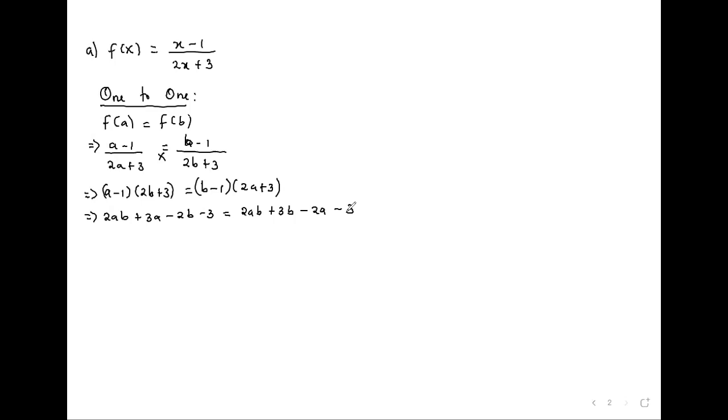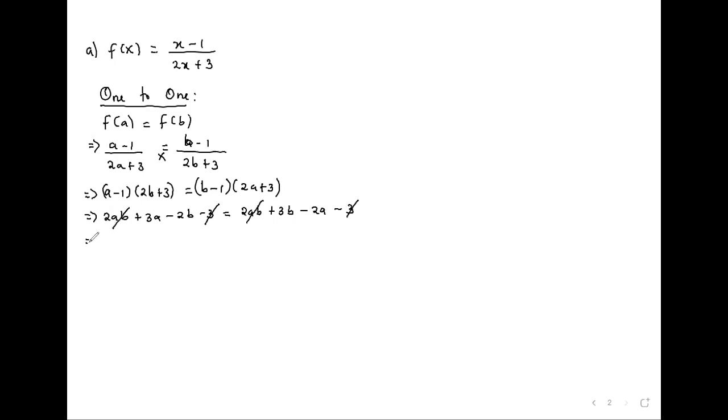Because negative 3 is on the left and another negative 3 is on the right, if we move one of them to either side, we'll have 3 minus 3, which is 0. We can just cancel them out. The same thing is happening to 2AB and 2AB.